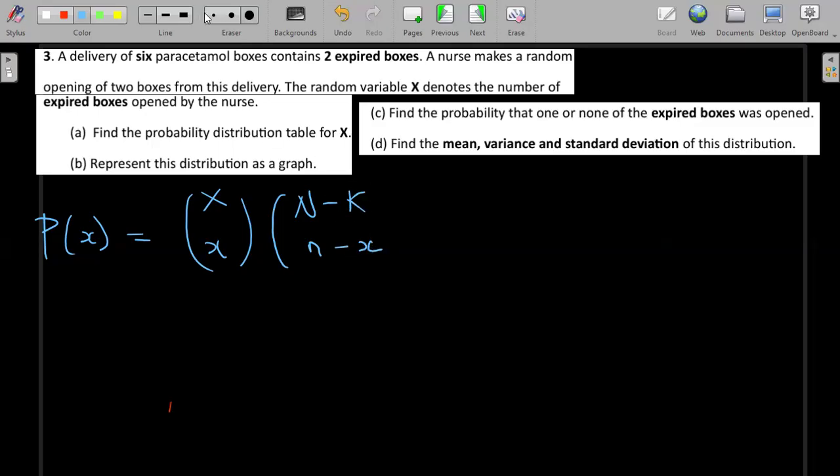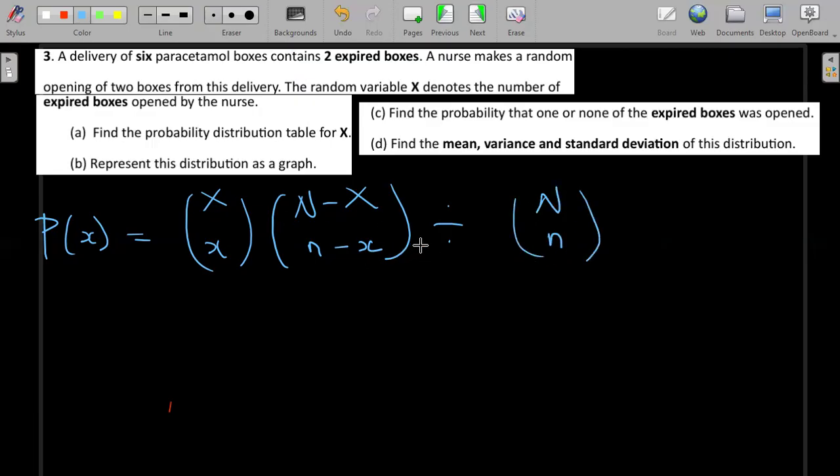This one here was supposed to be a big letter X, like the X. And then you divide all this by C(N, n).